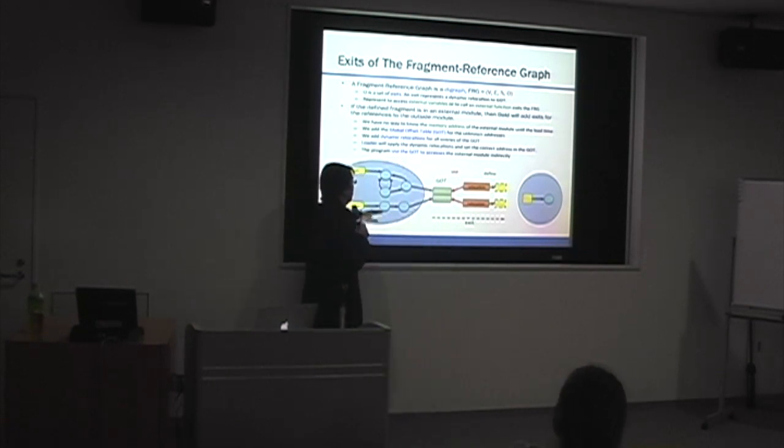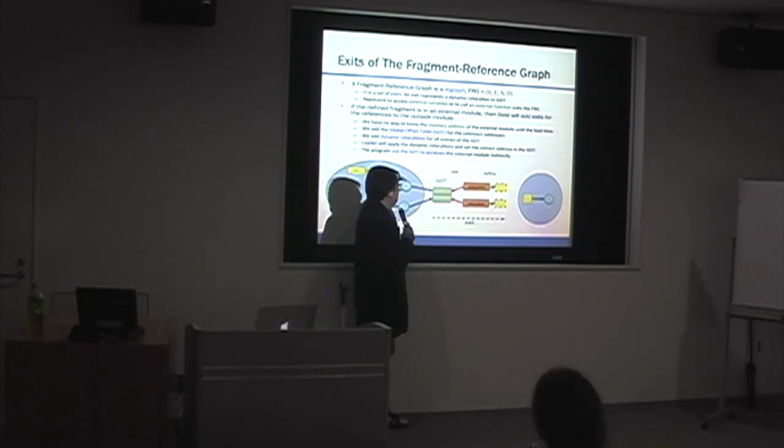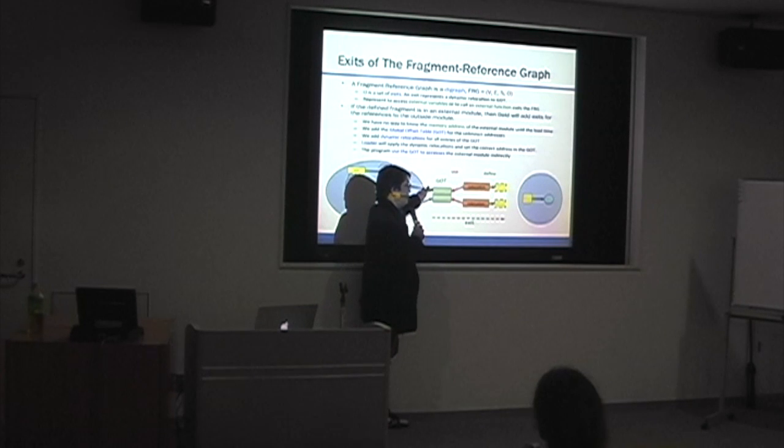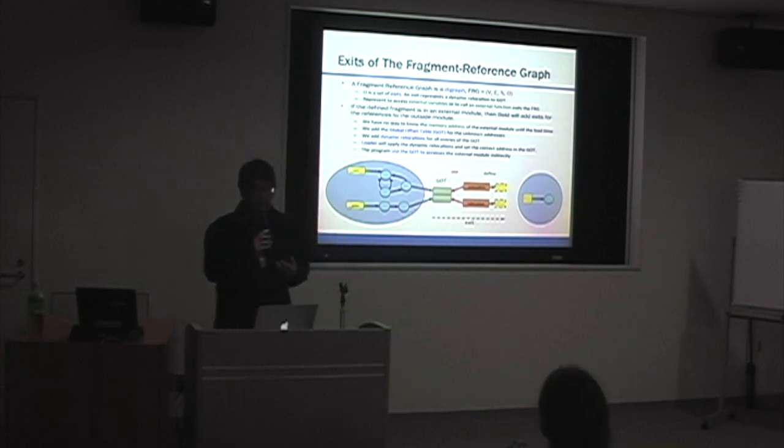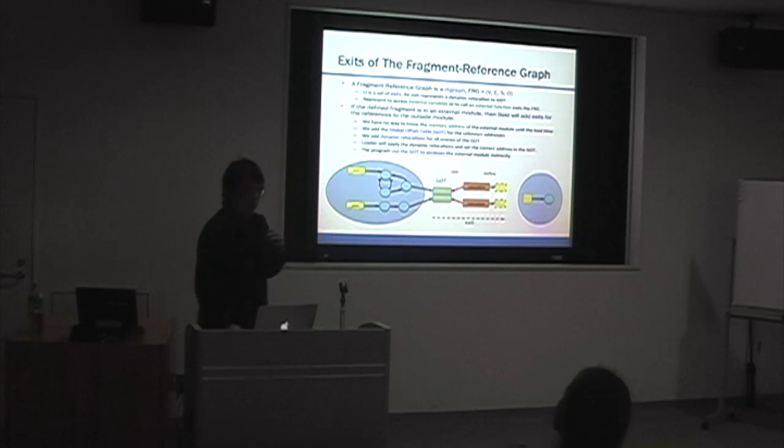When this program runs to the code, it will use an indirect jump to read the content of the GOT and get the right address. So what is exit in the fragment reference graph is a pair of GOT and dynamic relocation. It means the exit of the reference graph.